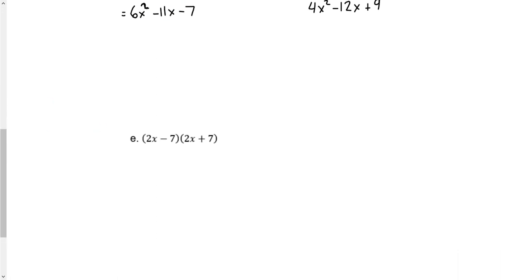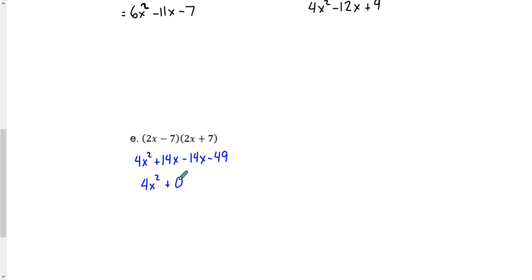Final example, no arrows, 2x by 2x, 4x squared, 2x by positive 7 is a positive 14x, negative 7 by 2x is a negative 14x, and a negative 7 by a positive 7 is a negative 49. Combine the like terms, and you'll notice that 14x and a negative 14x gives us 0x's.